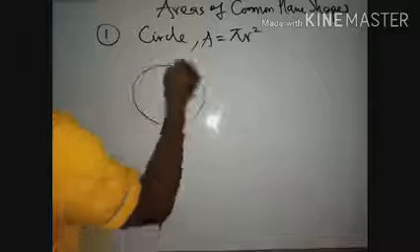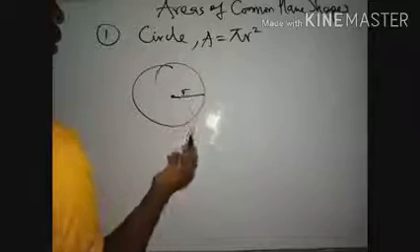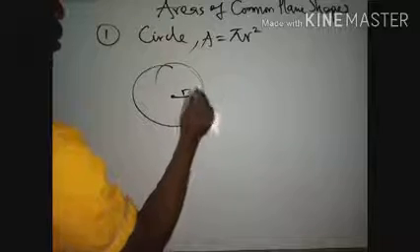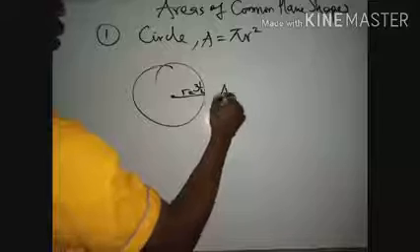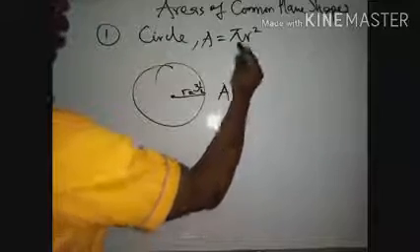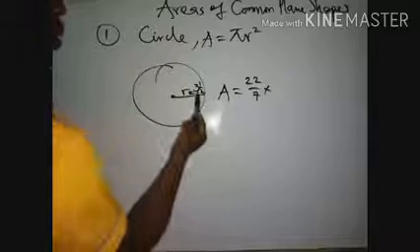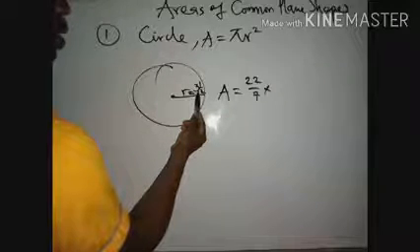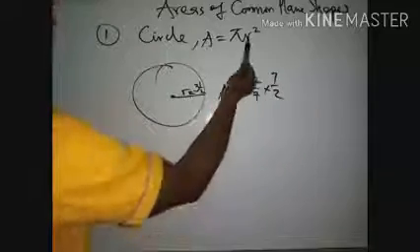So if I have a circle now, and you are told that the radius of this circle is 3.5, and I say find the area. So the area will be pi, which is 22/7, times the r. I wrote 3.5. 3.5 can be written as 7/2, and it is supposed to be squared.